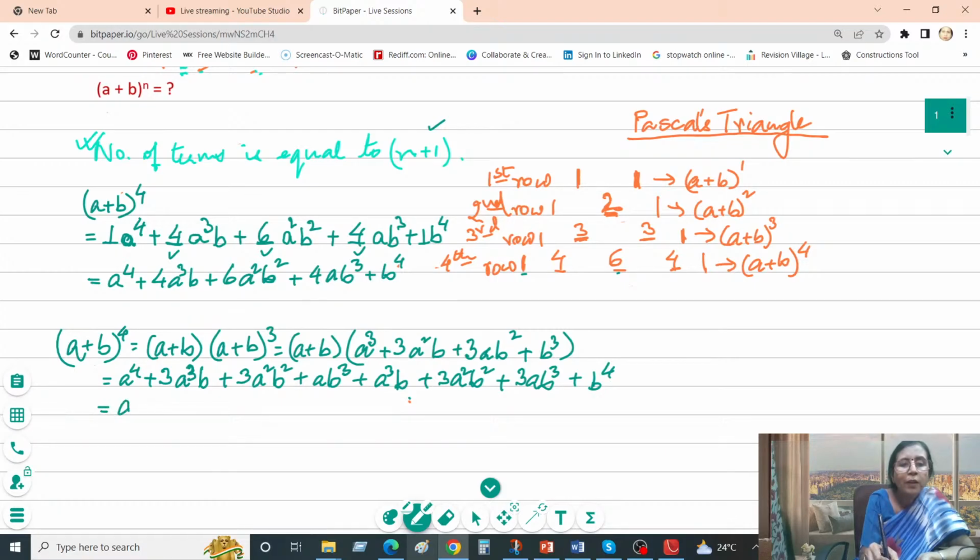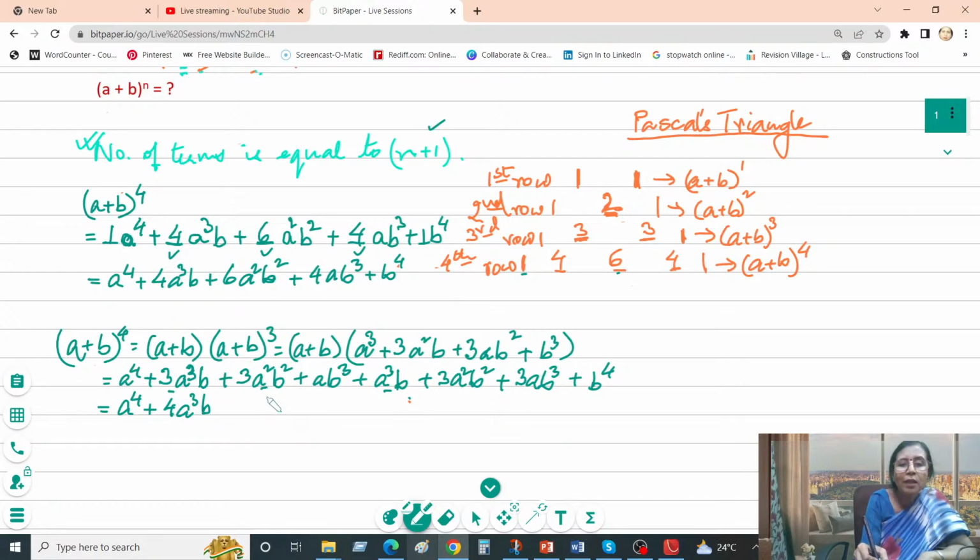Now the simplification part. We are done with the multiplication. A to the power of 4. Next term will be a to the power of 3 and b. So we see what are the terms that contain a to the power of 3b. This is 3 a to the power of 3b. Any other term? Yeah. A to the power of 3b. So plus 4a to the power of 3b. Okay. Next one will be a square b square.